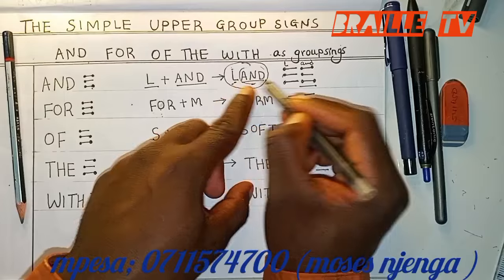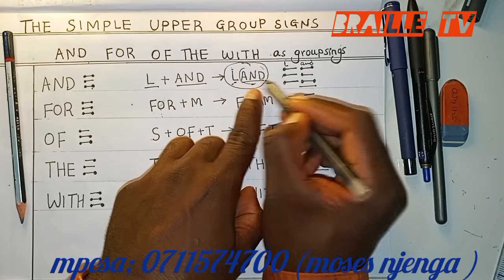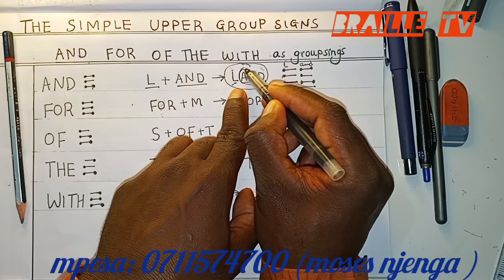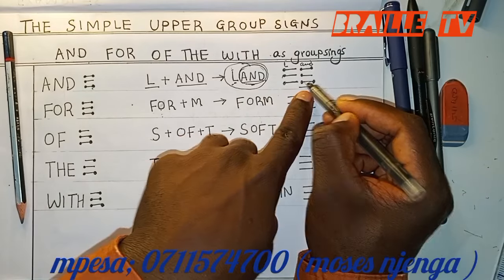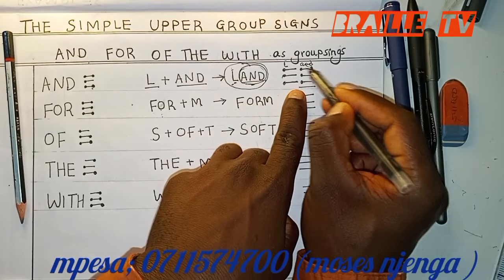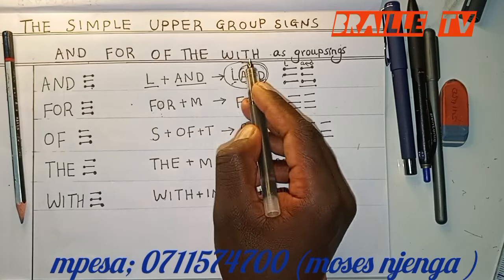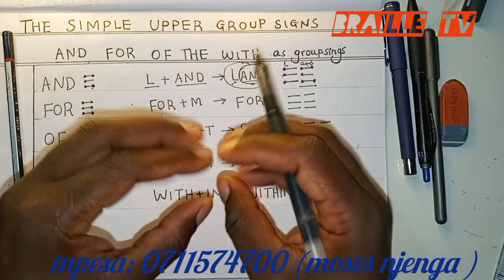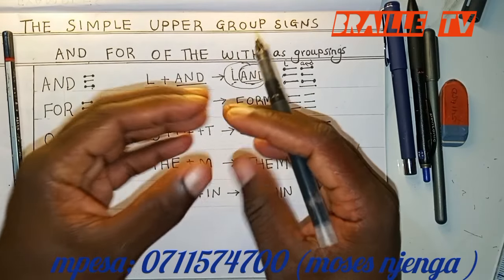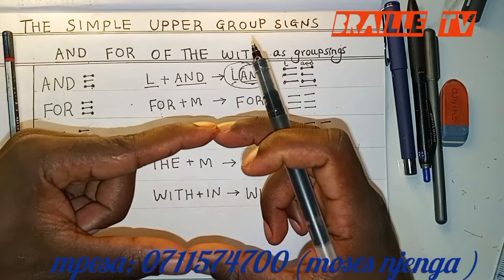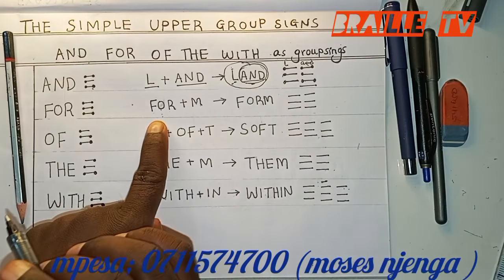So and is contracted here, and it is used as a group sign. So and, for, of, the, with, you can contract them when you find them inside a word.